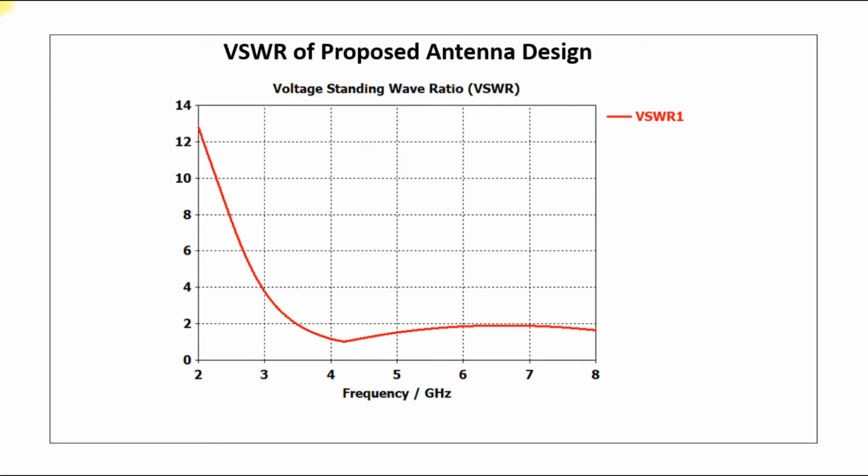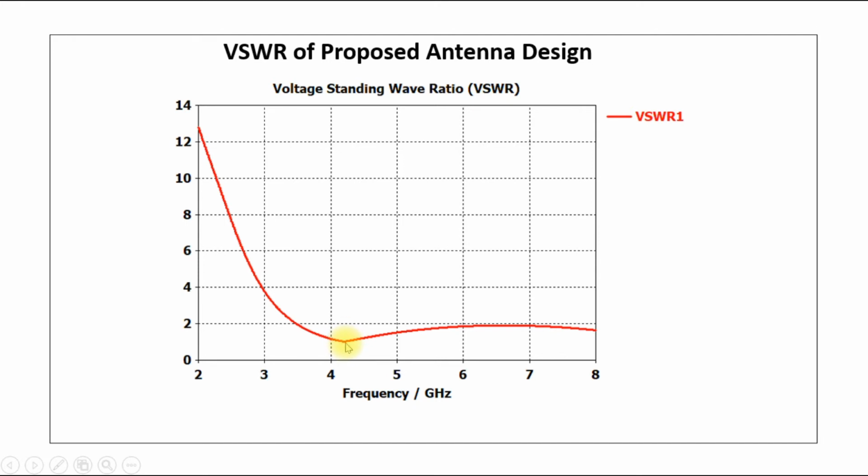The first one is the VSWR, voltage standing wave ratio. For an antenna, the VSWR should always be less than 2, and in most cases it should be equal to 1. In our case, our antenna actually resonates at 4.2 gigahertz, exactly over here.